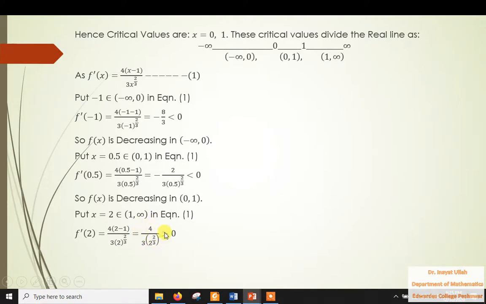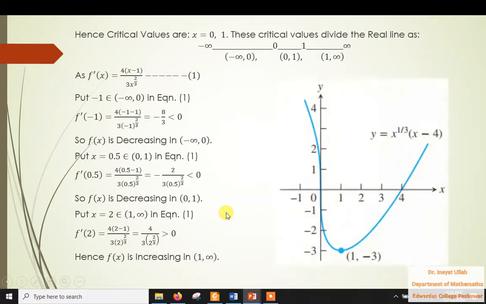Positive means greater than 0. So the derivative of the function is greater than 0. Whenever the derivative of the function is greater than 0, we may say that the function is increasing in the given portion. So the function f of x is increasing in this given portion 1 comma infinity. So that is the answer for the question.